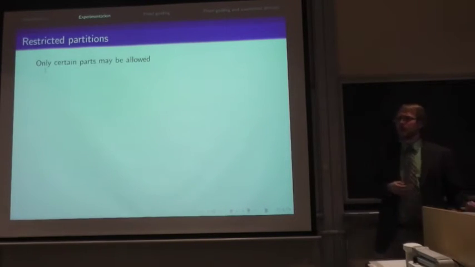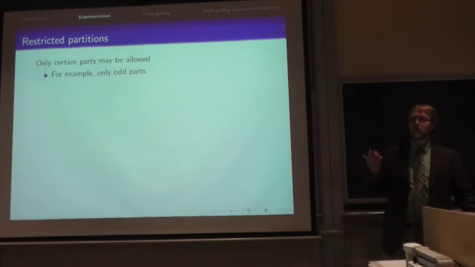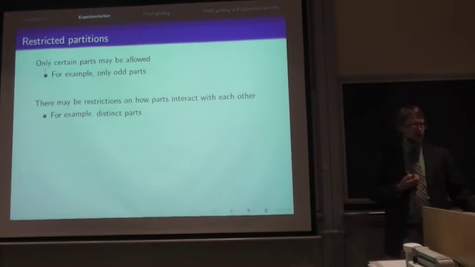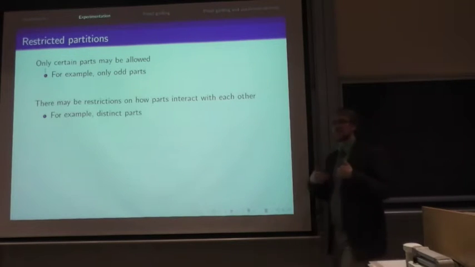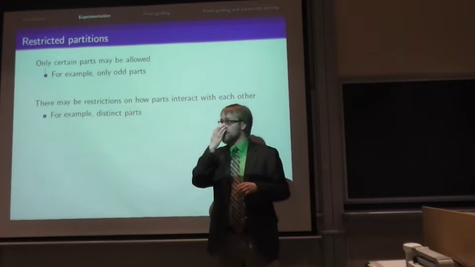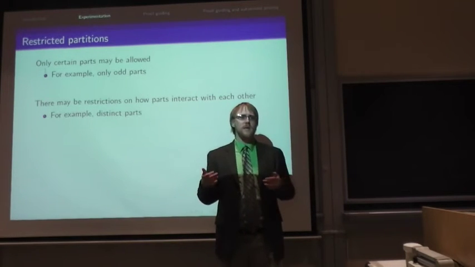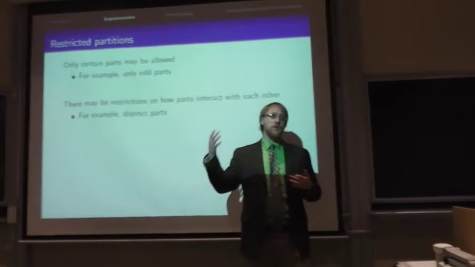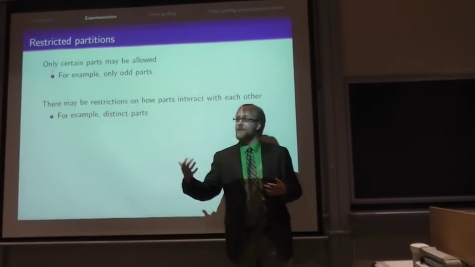For example, you might only allow certain parts, like only odd parts. Another sort of restriction is how the parts interact with each other. For example, you can have only distinct parts, which means you can't repeat any parts. You have a 5, you can't have any more 5s.